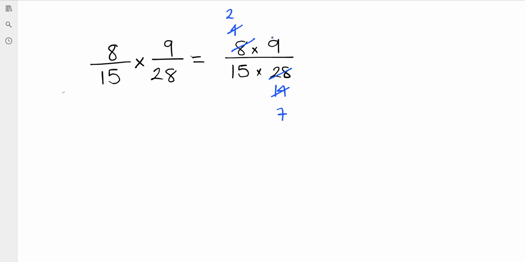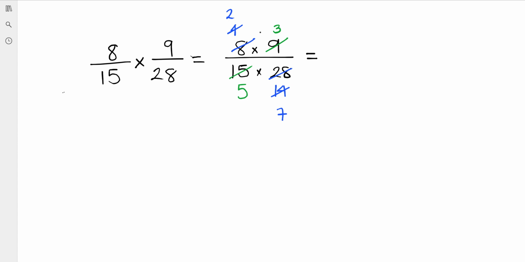Good. Now let's look at the 9 and the 15. I can divide 9 by 3 and 15 by 3, like if I was simplifying fractions. So 9 divided by 3 is 3, 15 divided by 3 is 5. Good. I have finished because I can't continue here. This 2 and this 5, no, I can't do anything further. And this 3 and this 7, no, I can't do anything further.